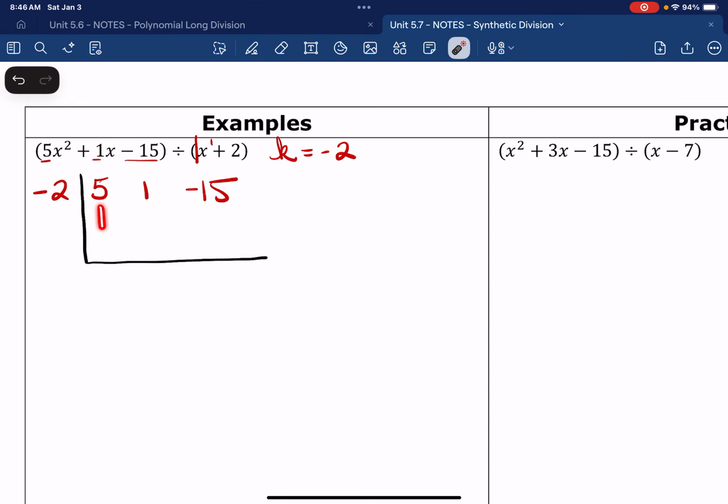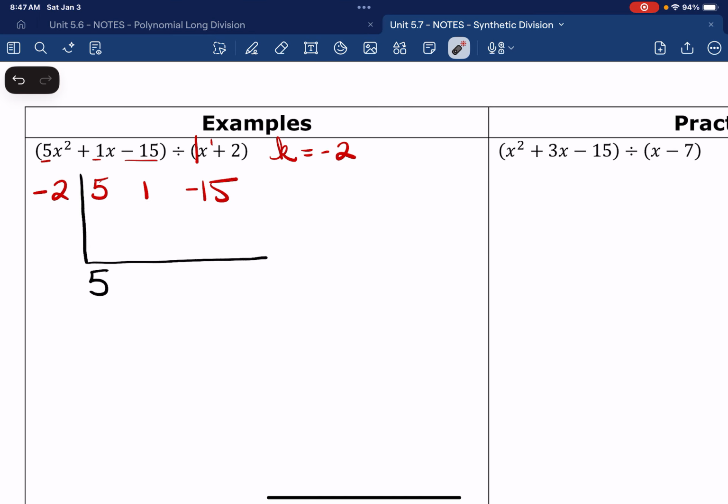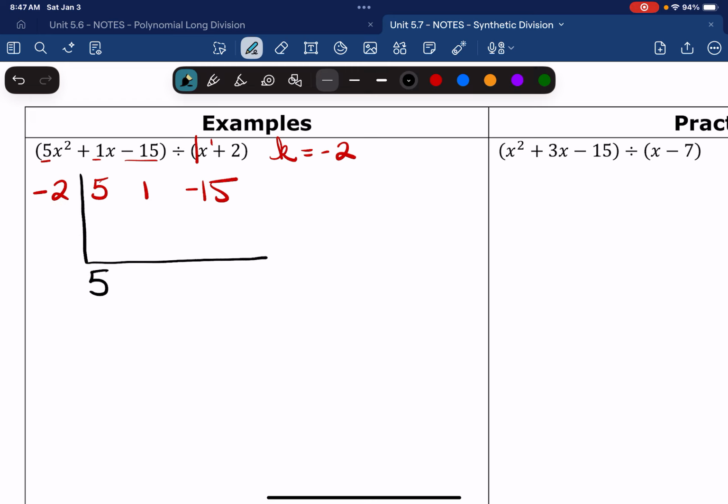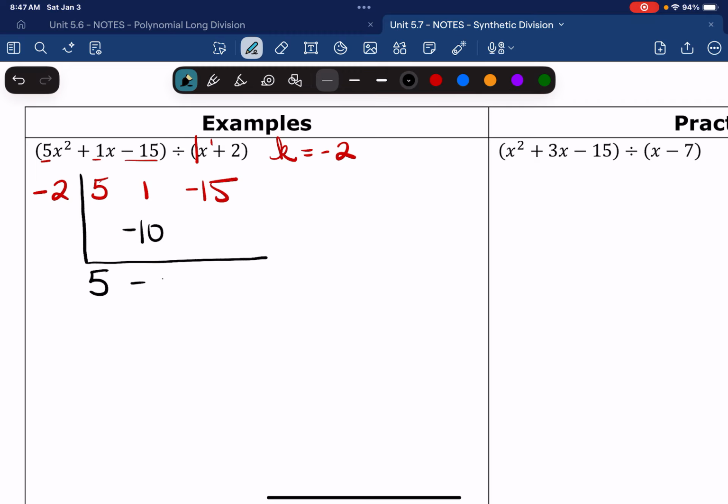So what are we going to do? The first thing, we drop down our first coefficient. So we've got this 5 here. And then we multiply. What is negative 2 times 5? That gives us a negative 10. Now let's combine. 1 minus 10 gives us a negative 9.